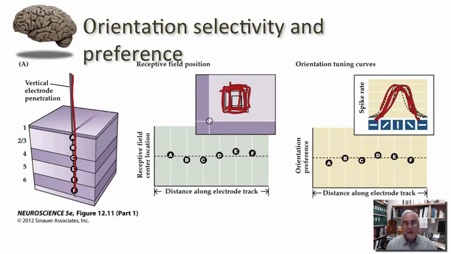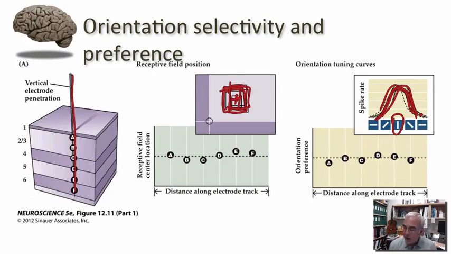For example, in this illustration, they encountered a column of cells that all seemed to respond best to vertically oriented stimuli. And as they rotated their bar of light away from vertical, the responses got weaker and weaker, even though they were centered in the middle of the visual receptive field. So this defines what we consider to be the property called orientation selectivity.